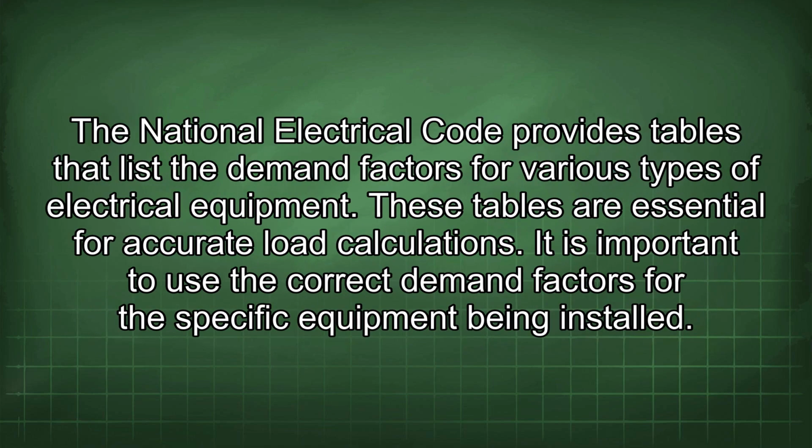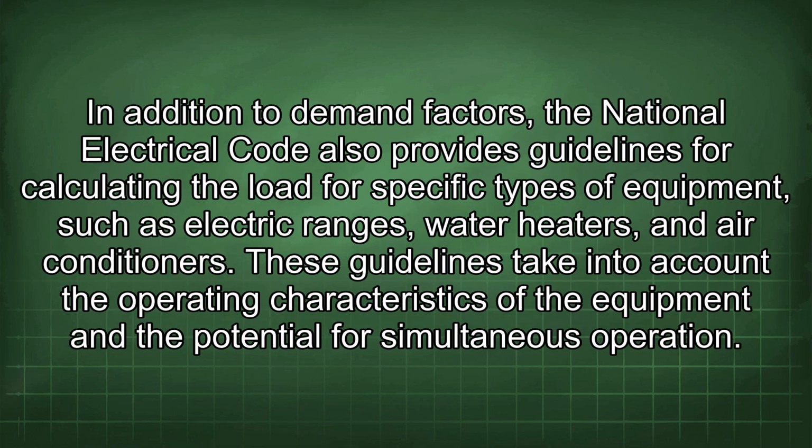The National Electrical Code provides tables that list the demand factors for various types of electrical equipment. These tables are essential for accurate load calculations. It is important to use the correct demand factors for the specific equipment being installed. In addition to demand factors, the National Electrical Code also provides guidelines for calculating the load for specific types of equipment, such as electric ranges, water heaters, and air conditioners.